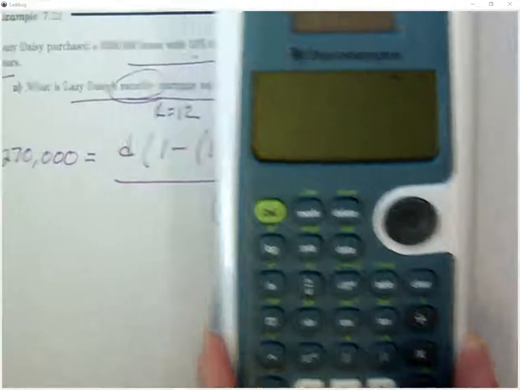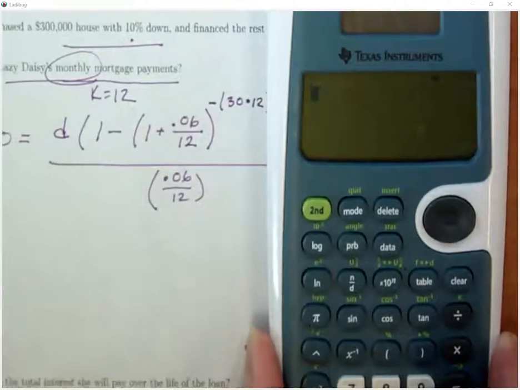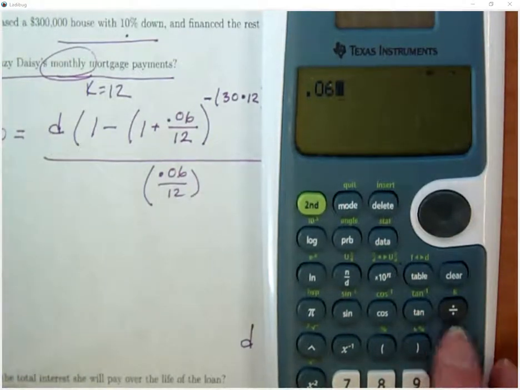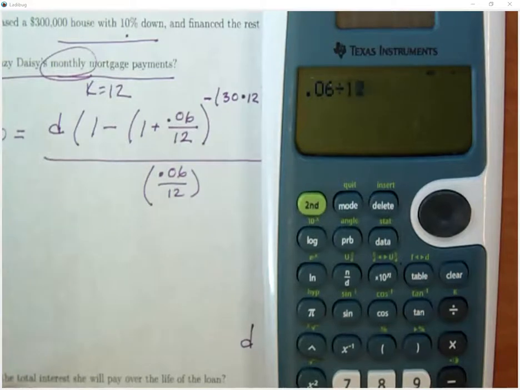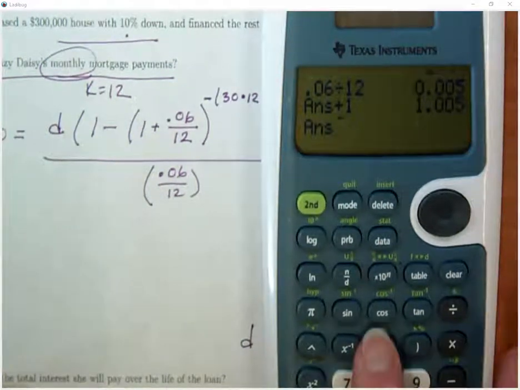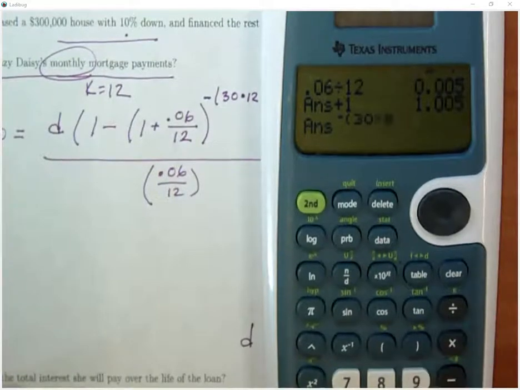So here, I need to shift this over. So here we have 0.06 divided by 12. And then don't forget to add that 1. And then raise it up to the negative parentheses 30 times 12, or just do it in your head.